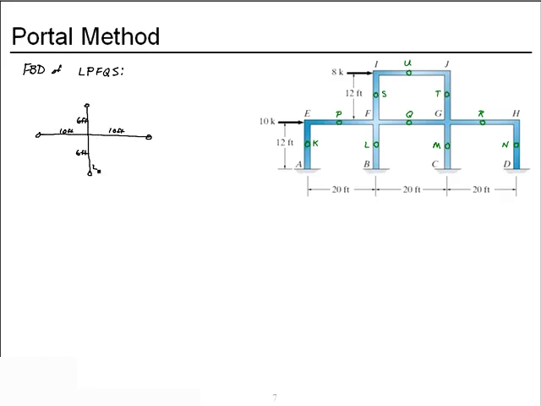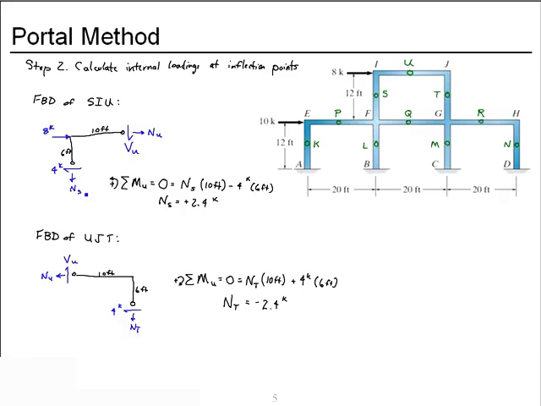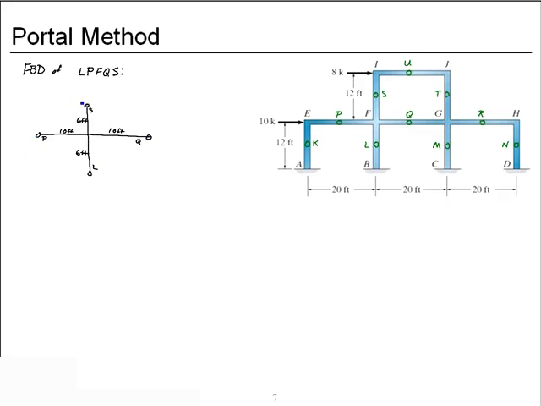And this is point L. This is point P. This point Q. And this point S. If we look back at our previous work, we see that the shear at point S is 4 kips, and we found that the normal force at S is a positive 2.4. So we'll add that to our free body diagram.